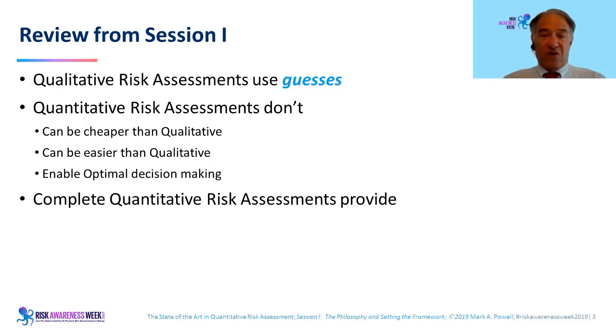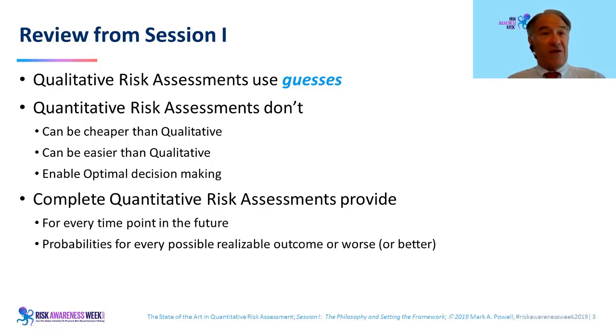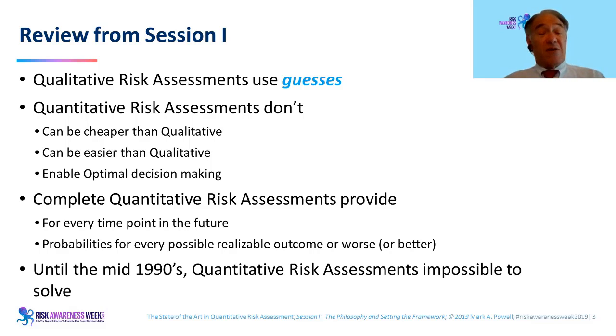Complete quantitative risk assessments provide, as I mentioned a second ago, for every time point in the future, probabilities for every possible realizable outcome, or worse or better. Up until the mid-1990s, it turned out that it was impossible to do a state-of-the-art quantitative risk assessment. Actually, just a quantitative risk assessment. We were forced to do qualitative risk assessments. We could not solve these problems.